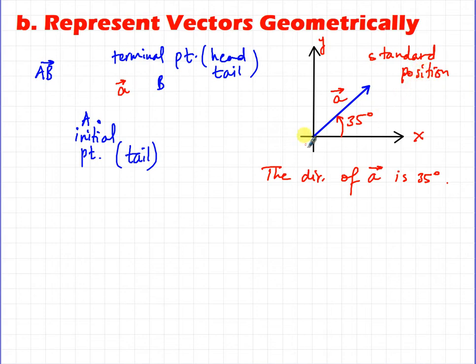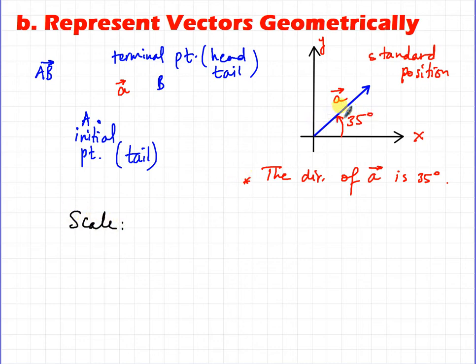Okay, now as for the magnitude, remember vectors have direction and magnitude. The length of the line segment represents the magnitude, and the longer this line segment is, the greater the magnitude, and vice versa. All right? Okay, so how can I figure out the magnitude of this arrow here? To do so, we need to set a scale here.